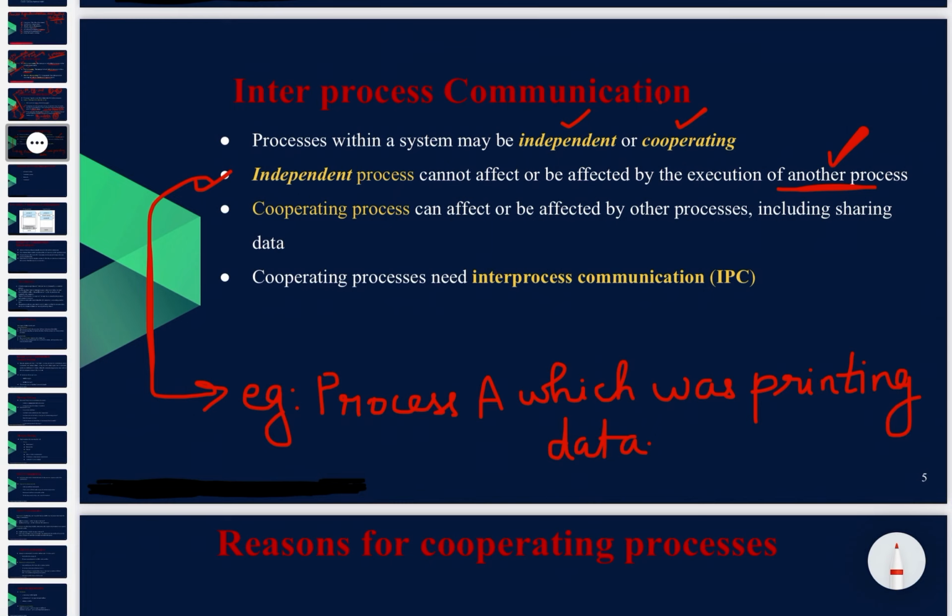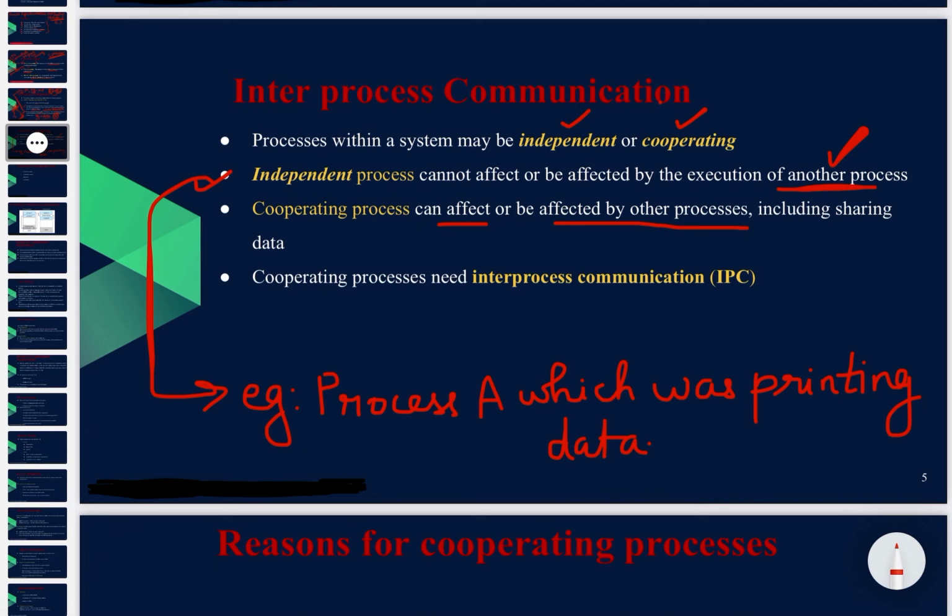What are cooperating processes? A cooperating process can affect or be affected by other processes, including sharing data.